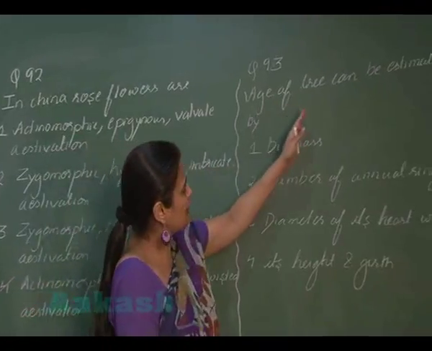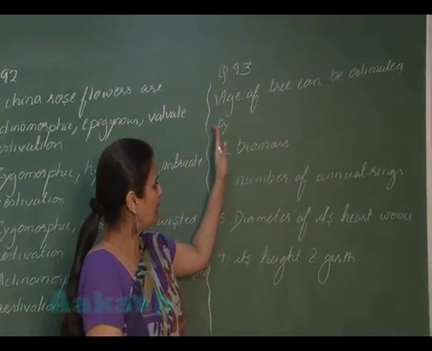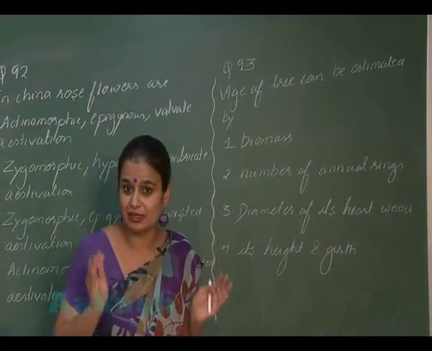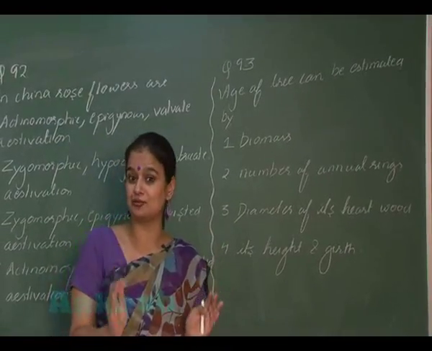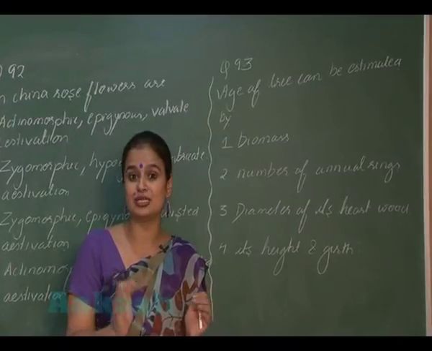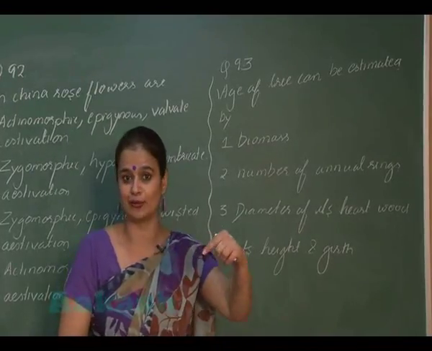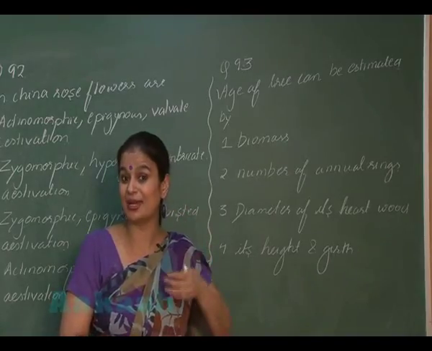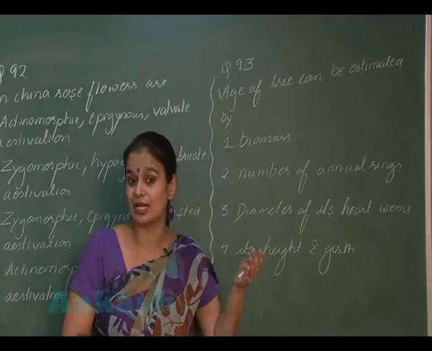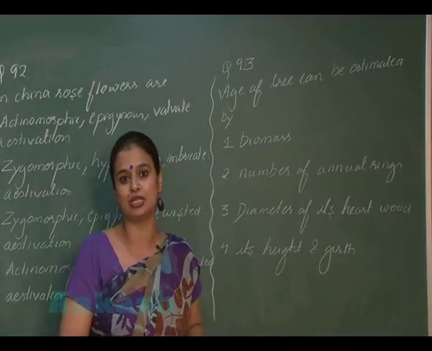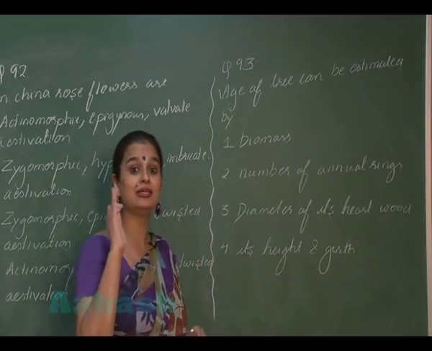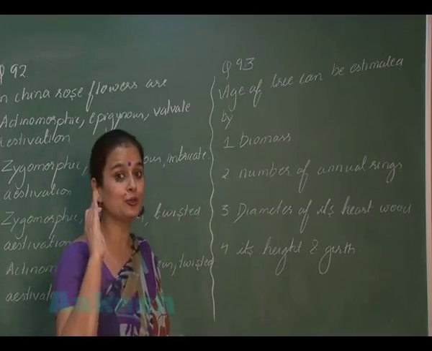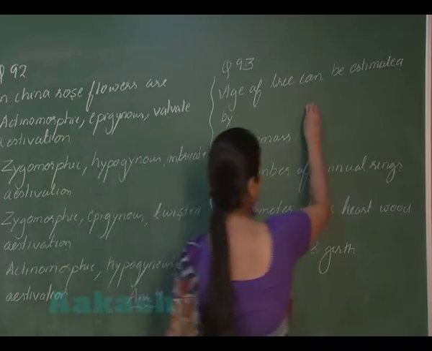Now, the age of a tree can be estimated by counting the number of annual rings. Every year, due to secondary growth in the tree, there is formation of an annual ring. Every year, one annual ring is added. It means by counting the number of annual rings, we can have some idea about the age of the tree, and this method of dating is known as dendrochronology, right?